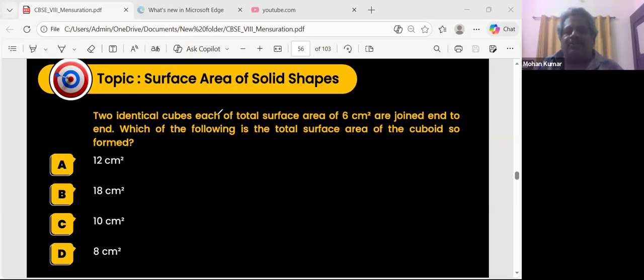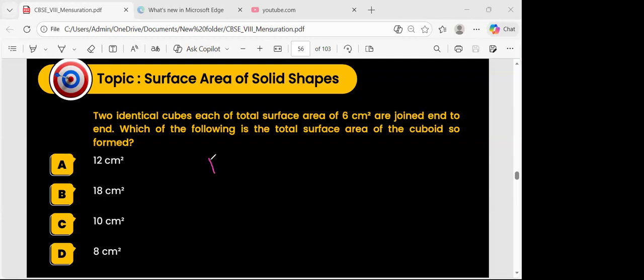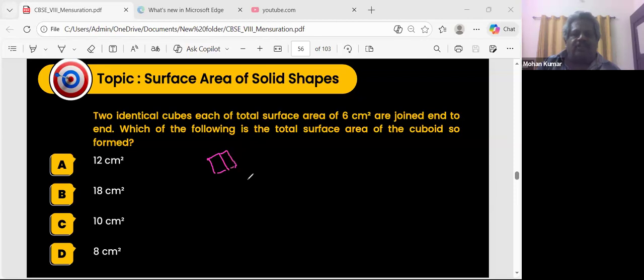Two identical cubes, each of total surface area 6 centimeters square, are joined end to end. Which of the following is the total surface area of the cuboid so formed? So we have a cube, and two cubes are joined together, the TSA equals 2a square equals 6 centimeters square.